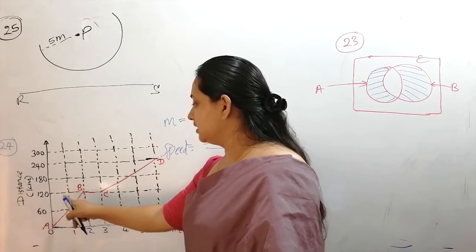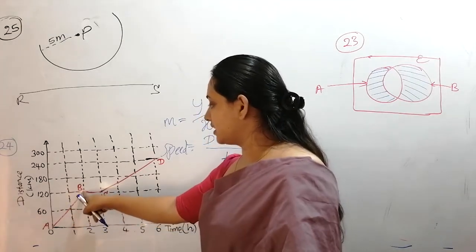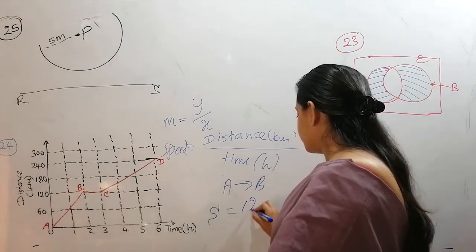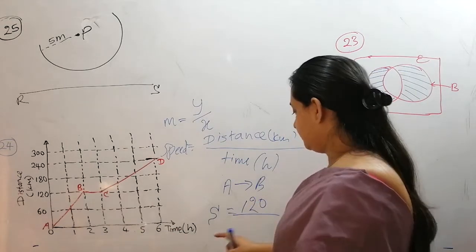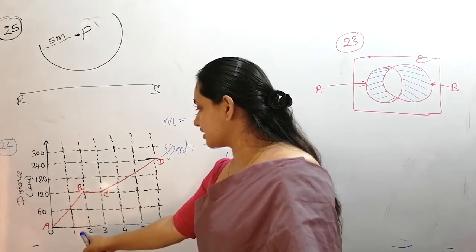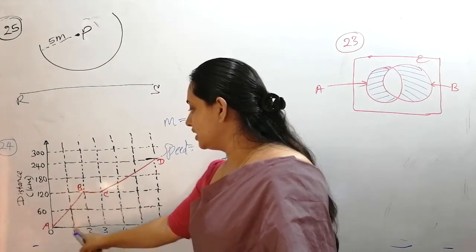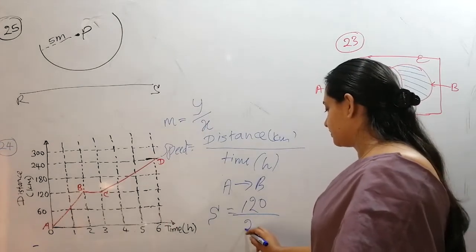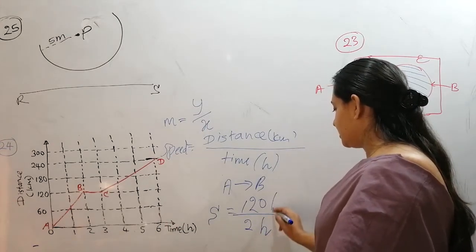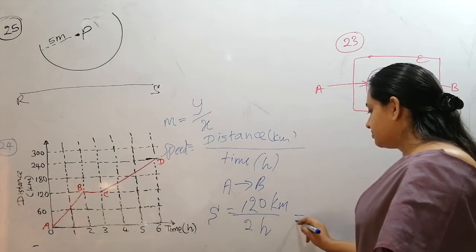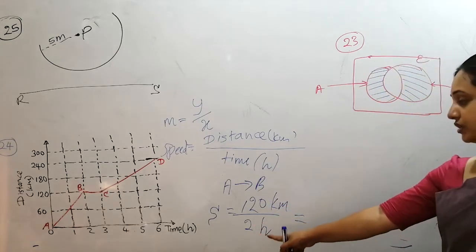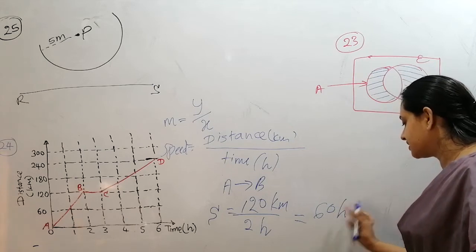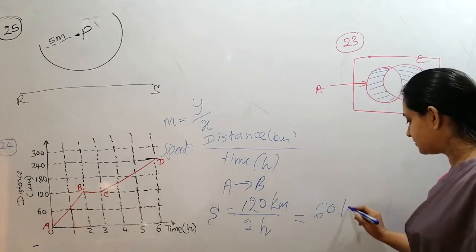On the y-axis, 120 minus 0 means 120, divided by x2 minus x1. Here the x value is 2 and here the x value is 0. 2 minus 0 means 2 hours, and here kilometers. Then the speed is 120 divided by 2. It is 60 kilometers per hour.